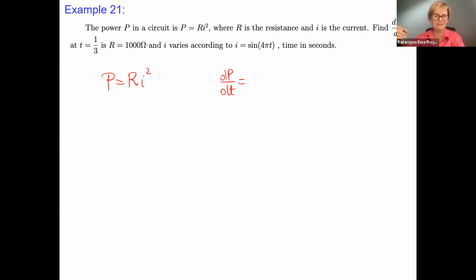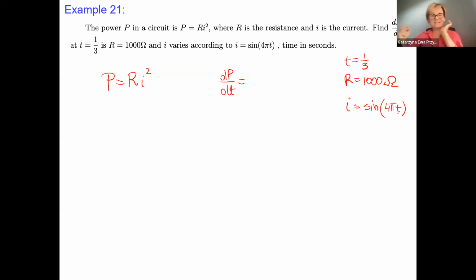I is a function that changes with respect to time, and it has its own formula, 4 pi t. That means behind I we have a function.